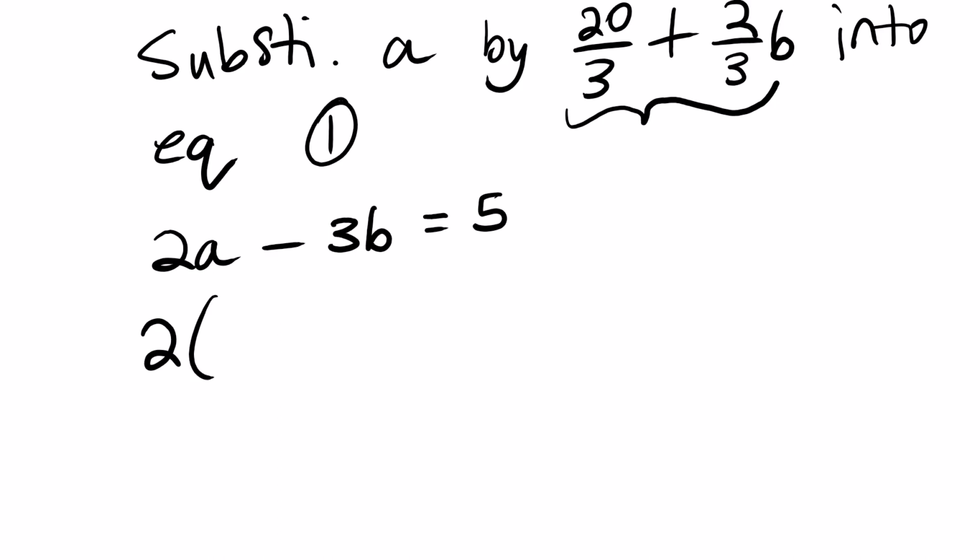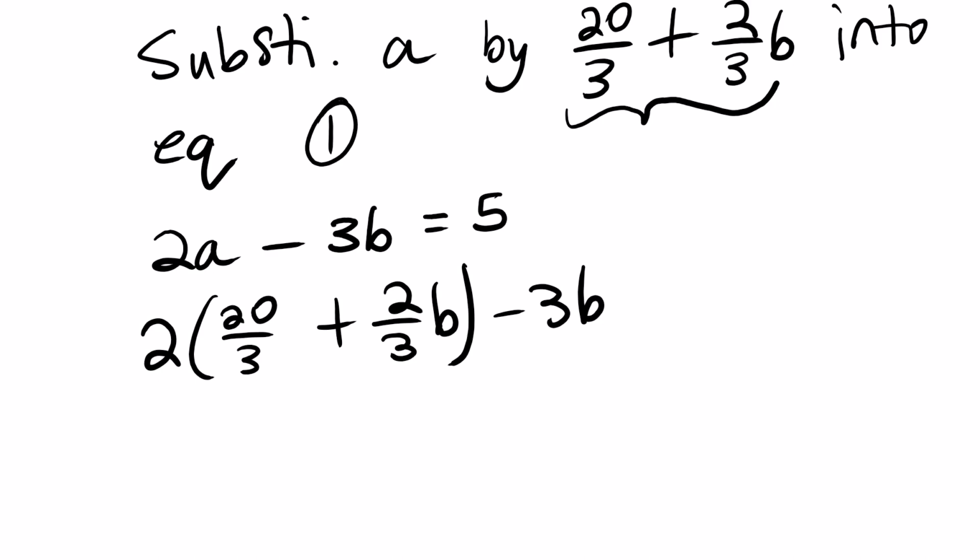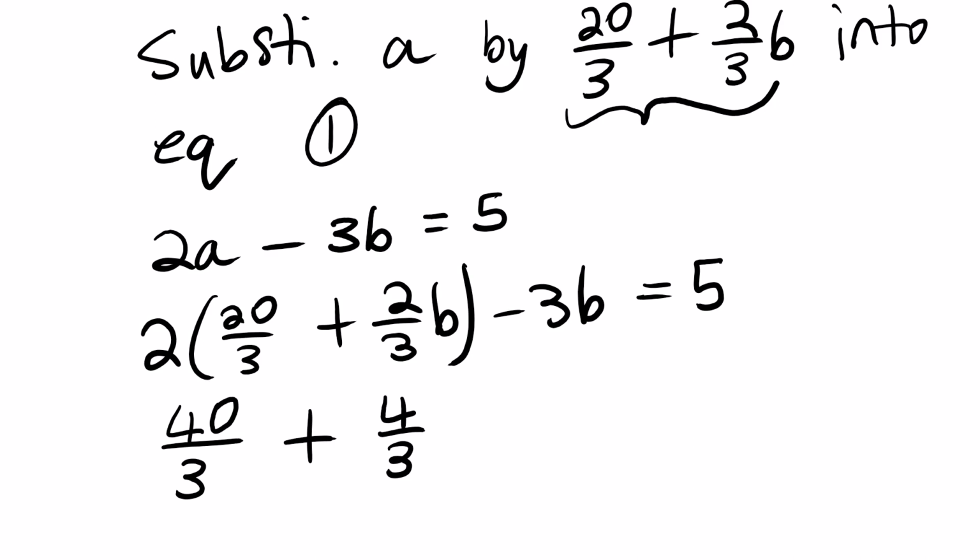So 2 times 20 divided by 3 plus 2 times 2 divided by 3b minus 3b is equals to 5. 2 multiplied by 20 over 3 is actually 40 over 3 plus 2 multiplied by 2 over 3b is 4 over 3b minus 3b is equals to 5.